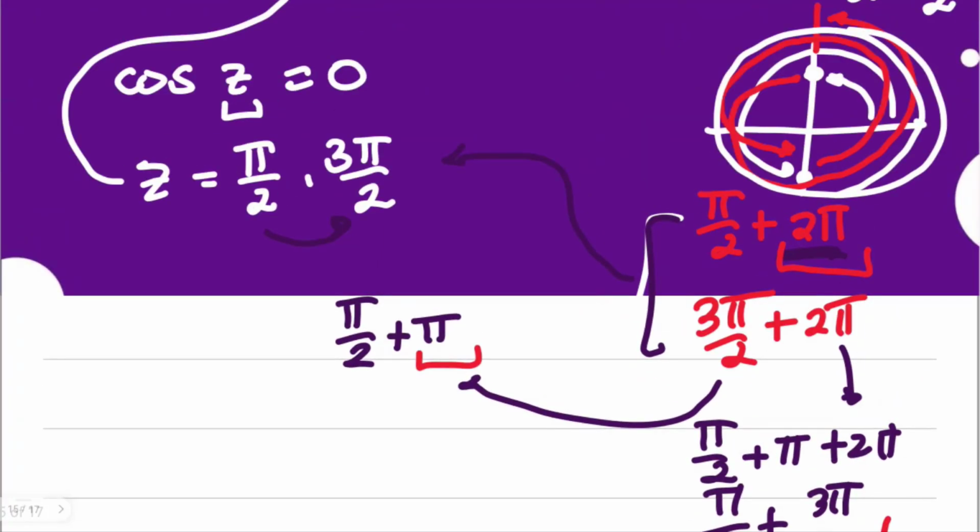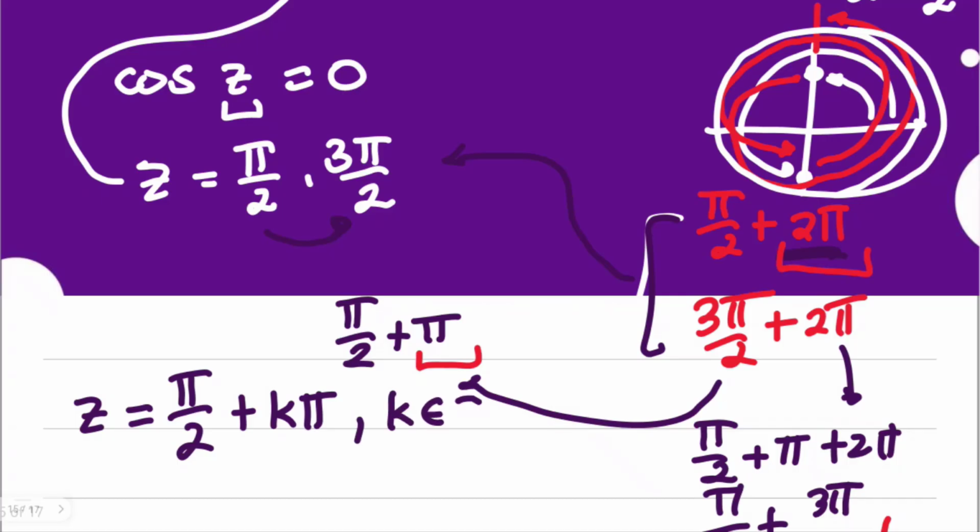So in generalization, the values of z for the points of discontinuity for the given function are pi over 2 plus k pi for all k element of integers. If we use 0, we have pi over 2. If we use 1, that's 3 pi over 2. 2 is the coterminal angle of pi over 2, and so on and so forth.